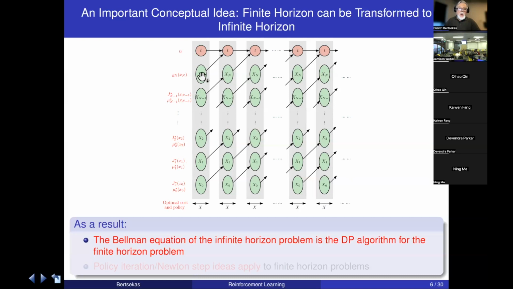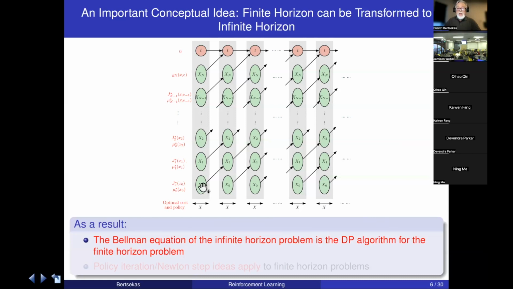To construct the state space of the infinite horizon problem, we take the union of all these state spaces, and we also add a termination state, which we have to reach upon reaching the end of the horizon. This is the state space of the infinite horizon equivalent problem.